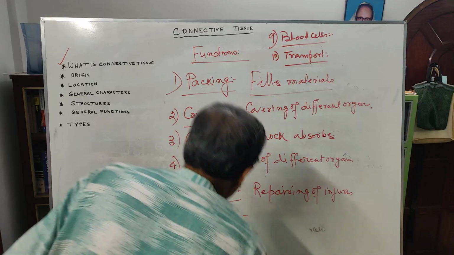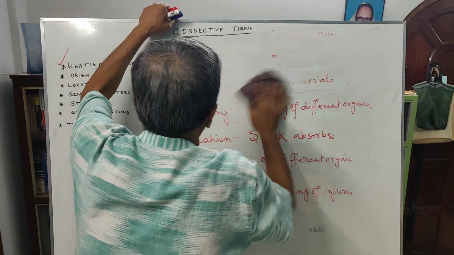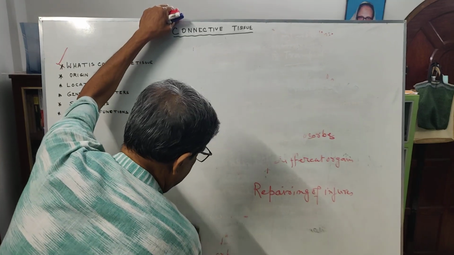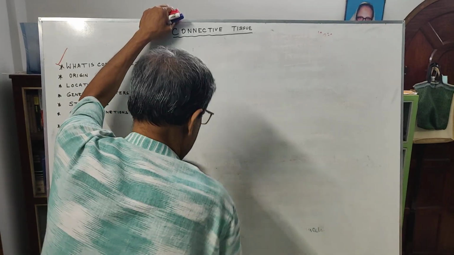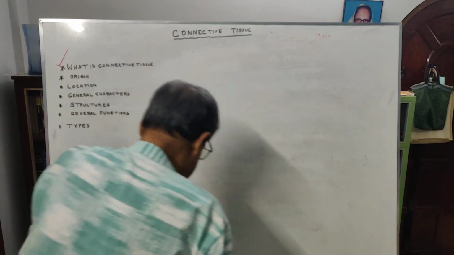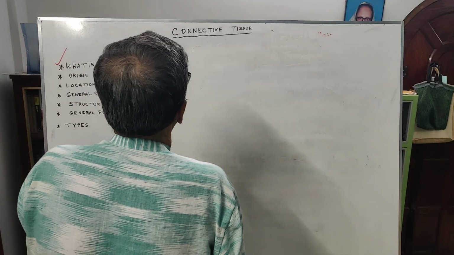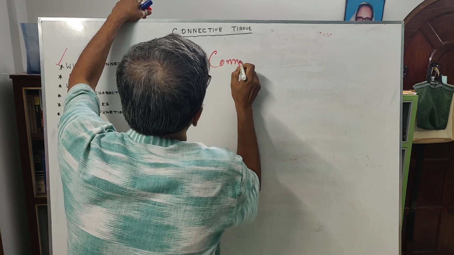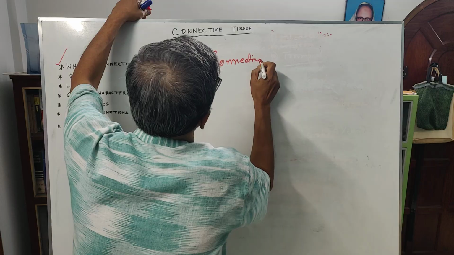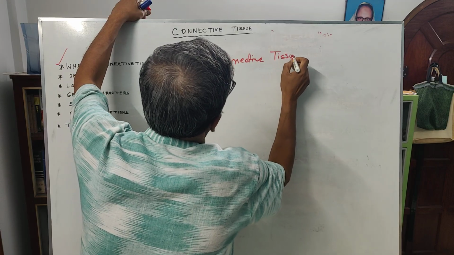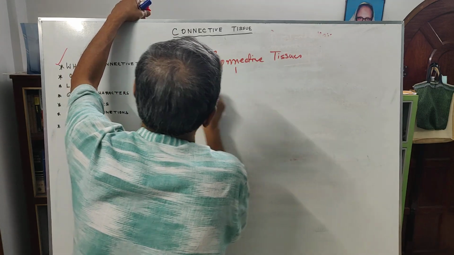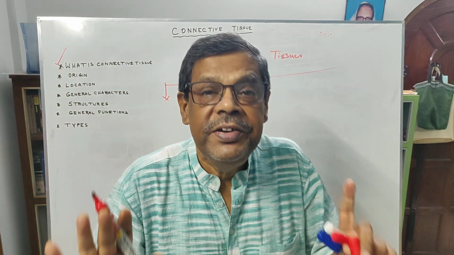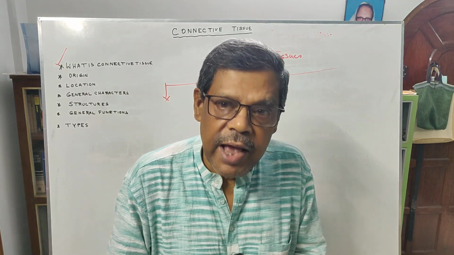Next, types of connective tissue. According to the nature of matrix, connective tissue is of 3 types.